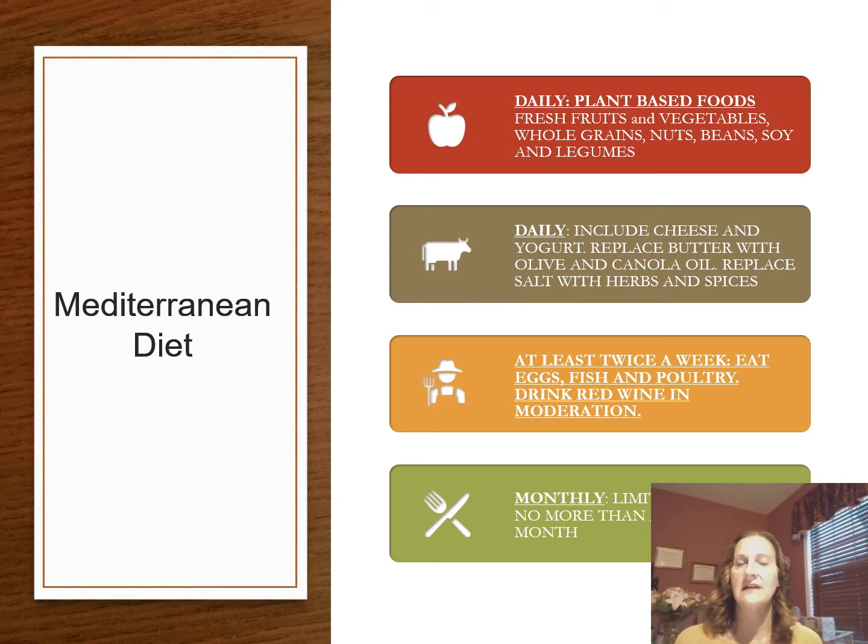We use a lot of rosemary, oregano, garlic powder. At least twice a week, they consume eggs, fish, poultry. Red wine is always on the table for dinner. And they don't typically consume a lot of red meat. It's really monthly, and that started during World War I, where they just really couldn't get red meat in their country.